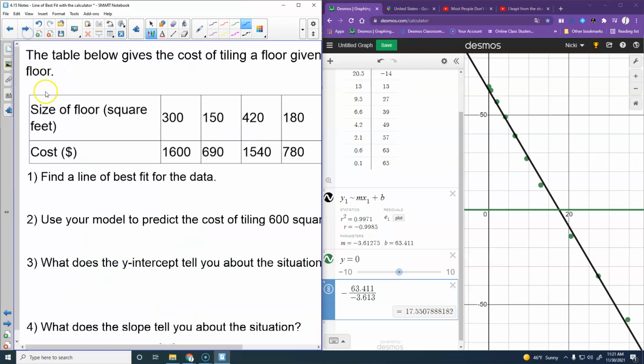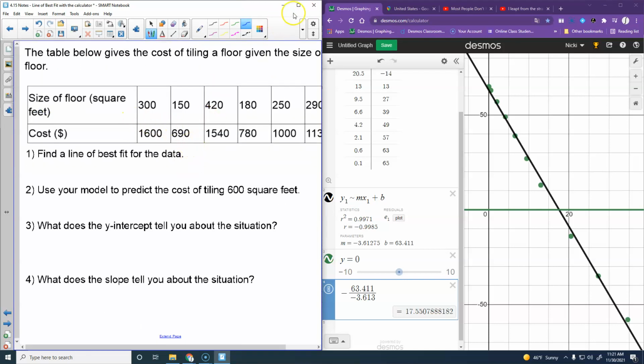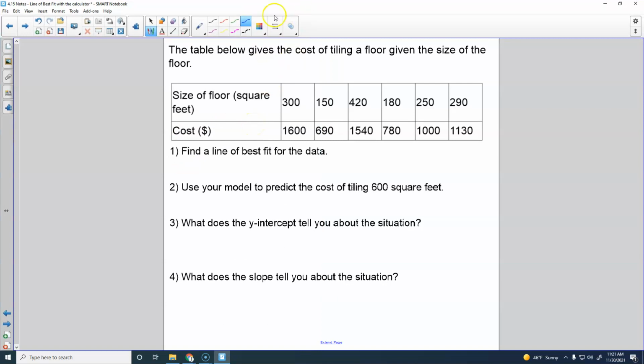Okay. All right. Let's look at this next one. Okay, so the table below gives the cost of tiling a floor given the size of the floor. So the size of the floor in square feet is given, and then the cost is given here.